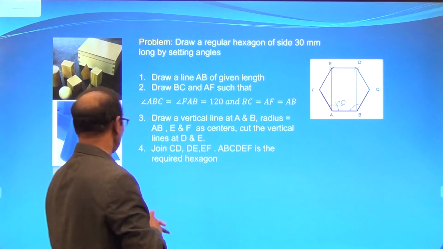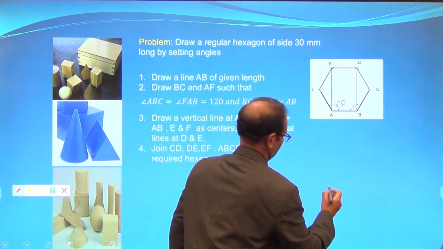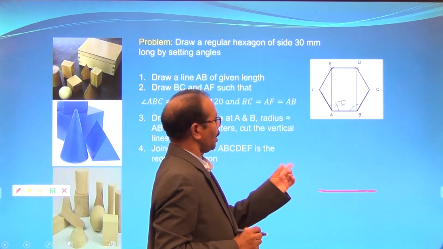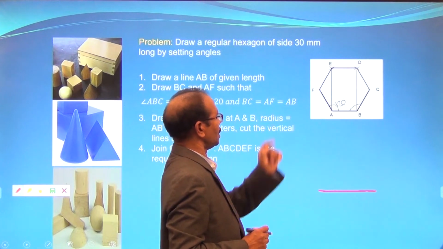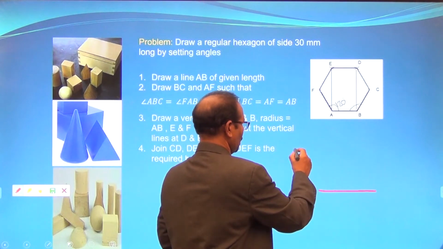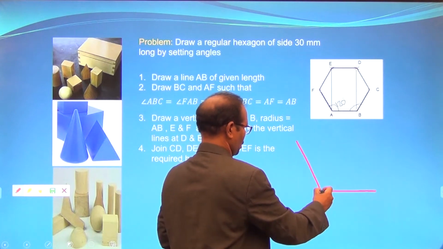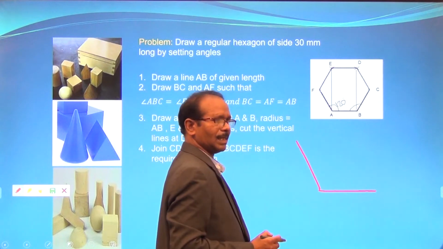How to draw this one? First of all, draw AB line. At A, draw a 120 degrees line. From this side, 120 degrees.